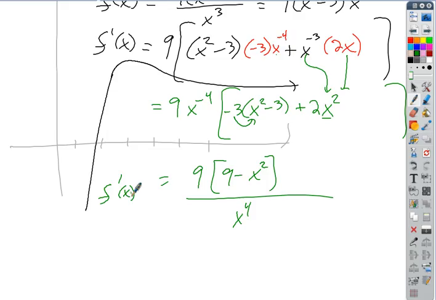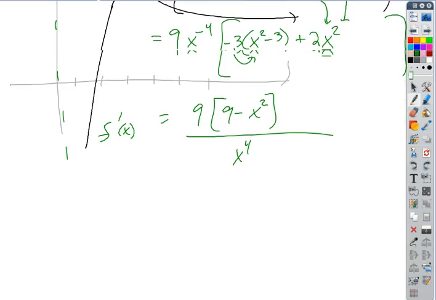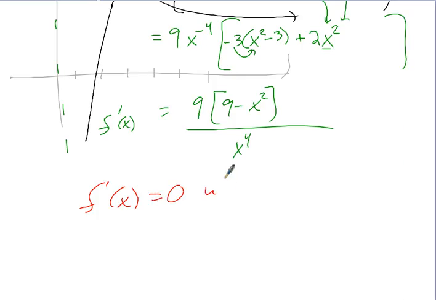Now, notice in my original function that I can't divide by 0, and so as you'd expect, I've got an asymptote at x equals 0, right? But what's going on with this derivative? If I want to know where the derivative equals 0, and I've got a fraction like this, where is a fraction equal to 0? When the numerator is 0. So f prime of x equals 0 when the numerator is 0.